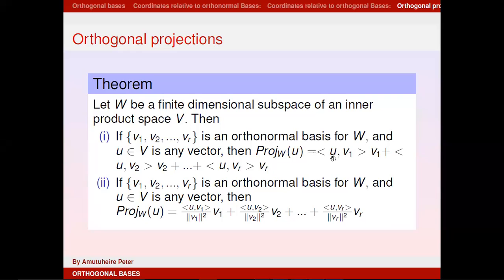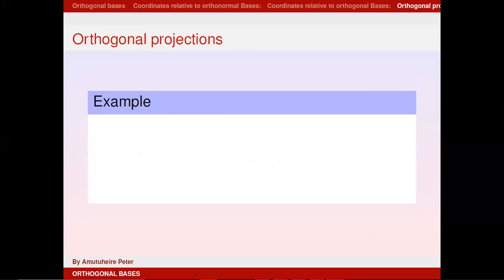So if it is orthonormal, it means we are normalizing each vector V1 up to VR, and so we can get this linear combination here. So this theorem is telling us how we can compute the component of U that is orthogonal to W, and the projection of U on W, whereby W is a subspace of the inner product space V.